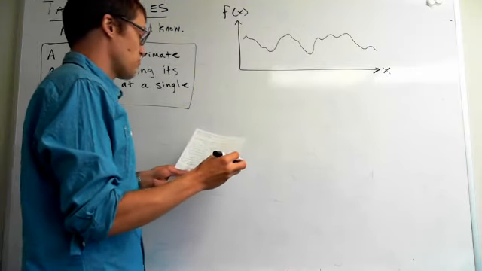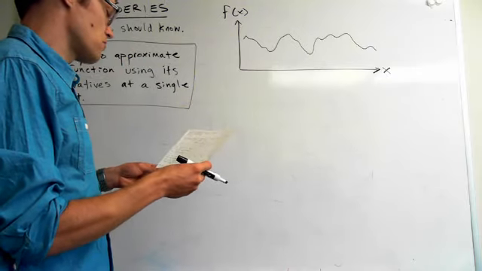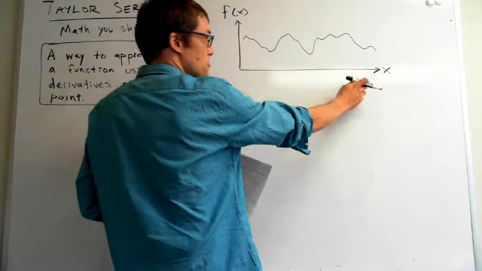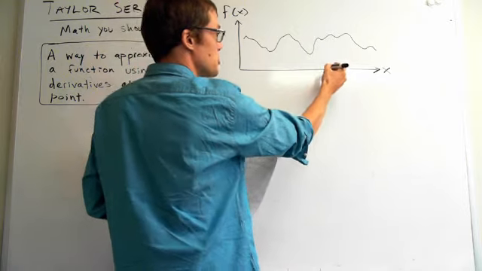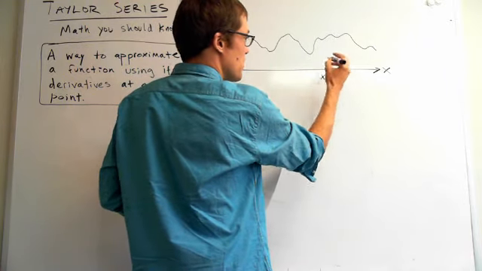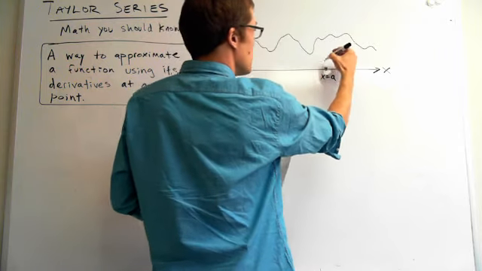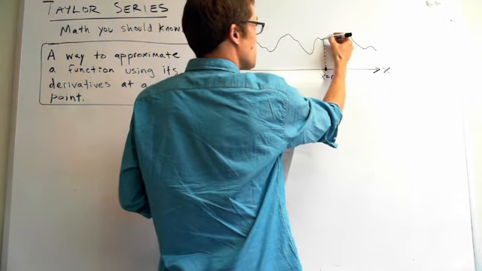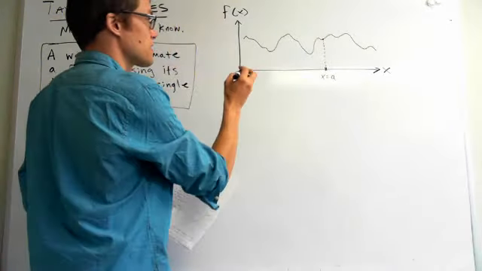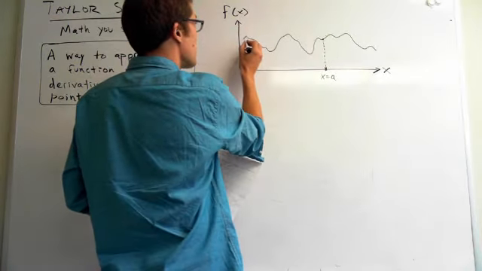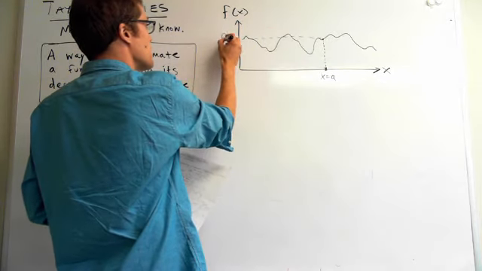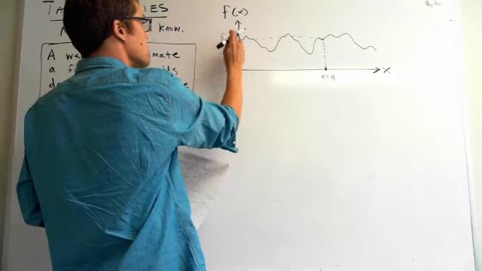So if we have such a function and we want to know how to approximate it near a particular value of x, let's just pick a particular value of x, say right here. Let's say that's when x equals a, right at this point. So we're talking about approximating the function in this territory around where x equals a. So what does f of x equal at that point? It's f of a.